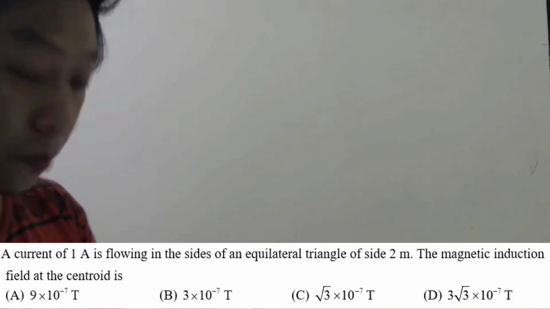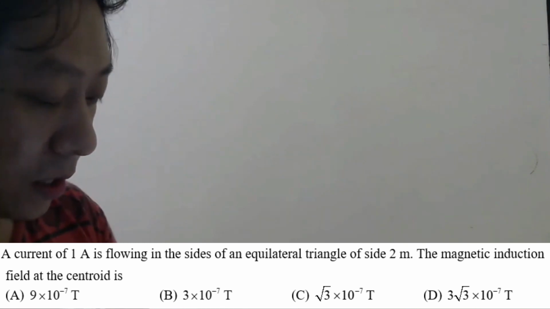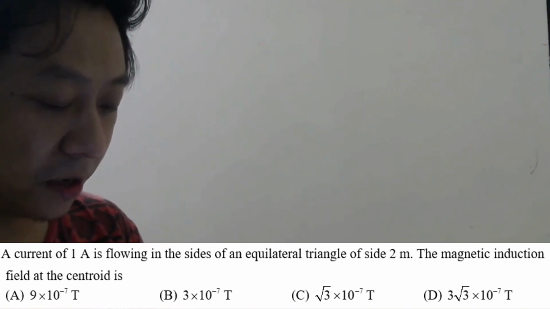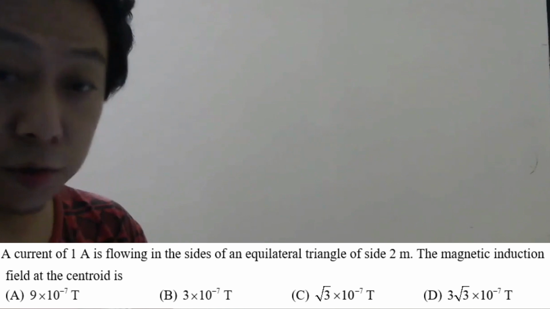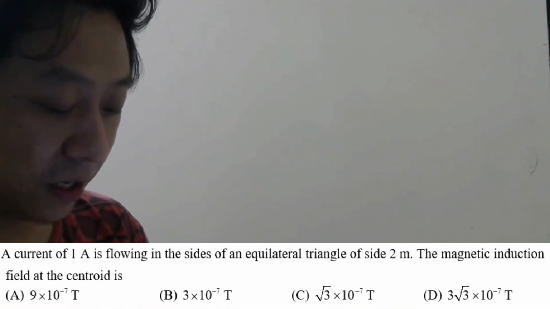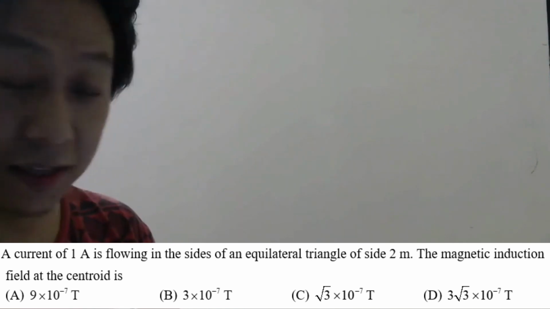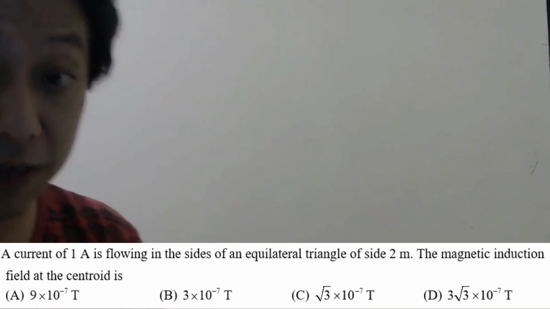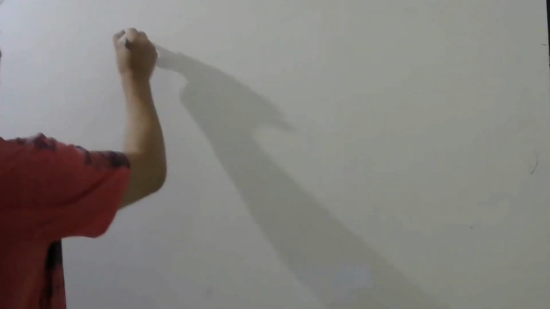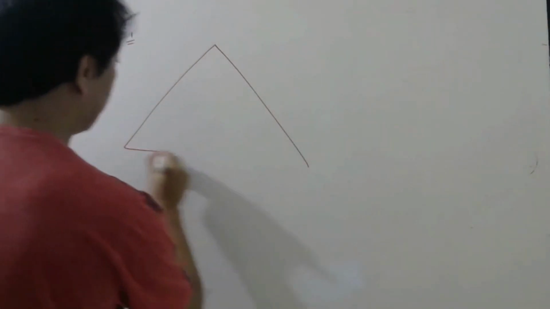So the first question says, a current of 1 ampere is flowing in the sides of an equilateral triangle of side 2 meter. The magnetic induction field at the centroid. So they have given you in the first question an equilateral triangle.